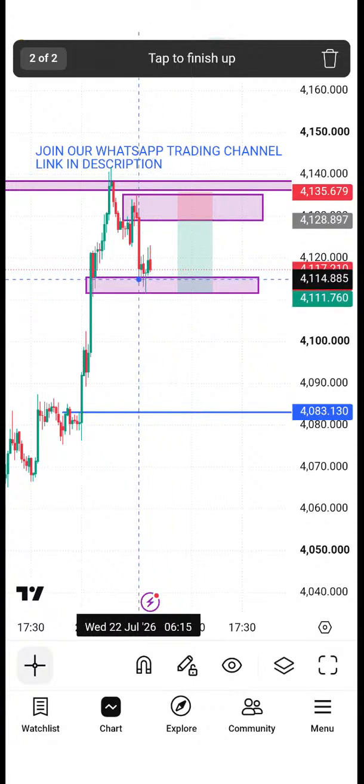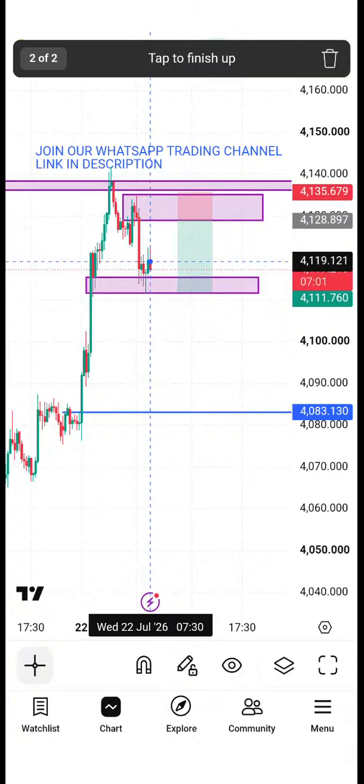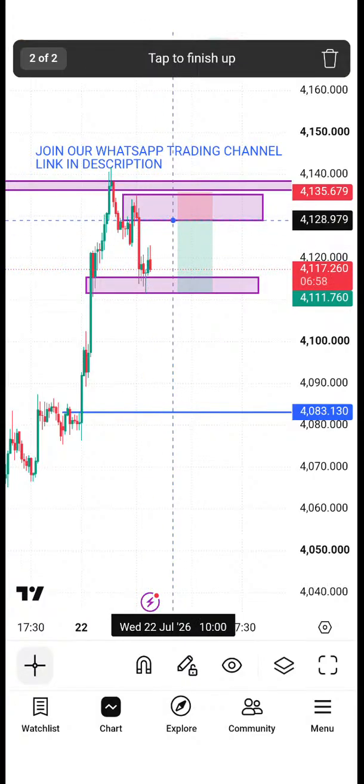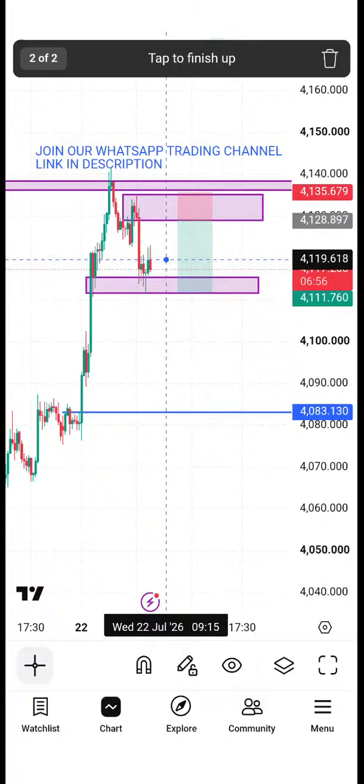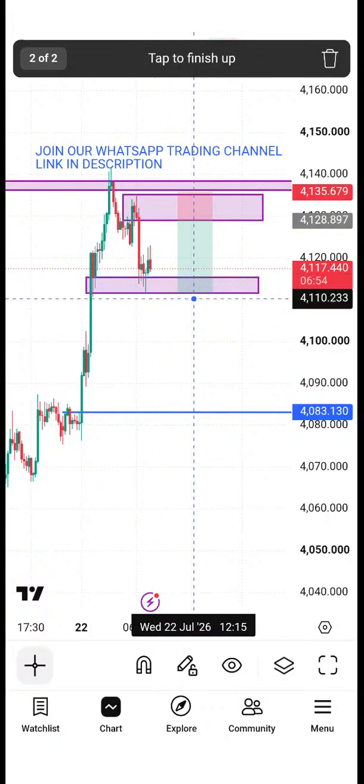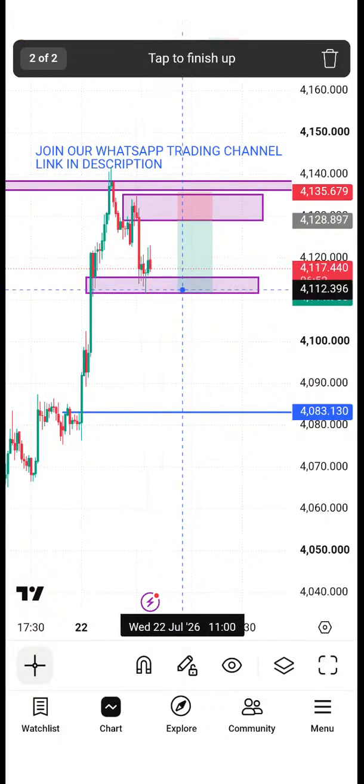So if you want to take a buy here as a short term to this area, wait for confirmation. I told you should wait for confirmation.